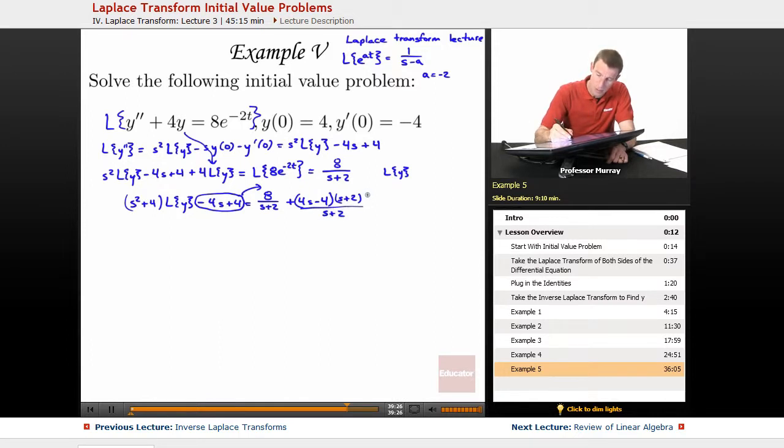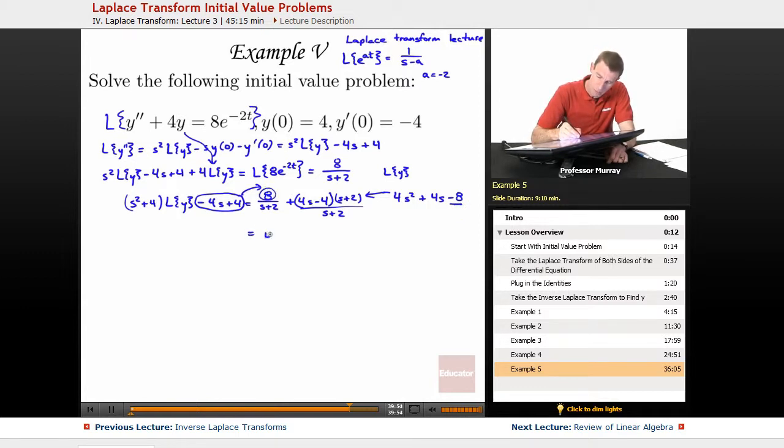And I'll need to expand that out, this 4s minus 4 and the s plus 2. So if I expand that out, I get 4s squared minus 4s plus 8s. So that's a plus 4s. And then minus 4 times plus 2 is minus 8. So if I combine that all together, I have a minus 8 here and a plus 8 here, so those will cancel each other out.